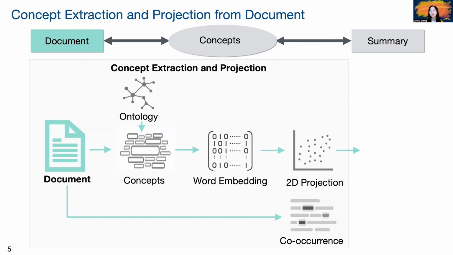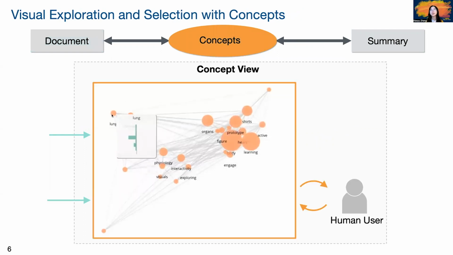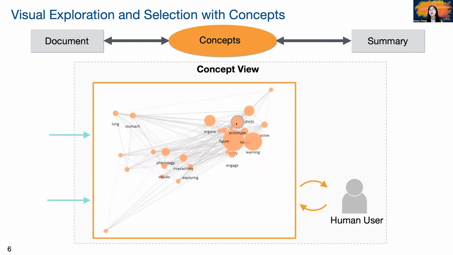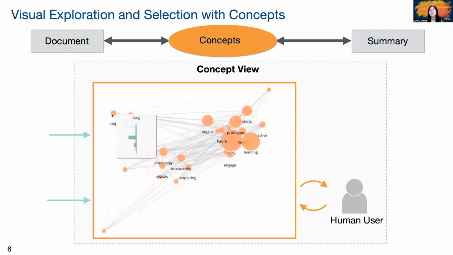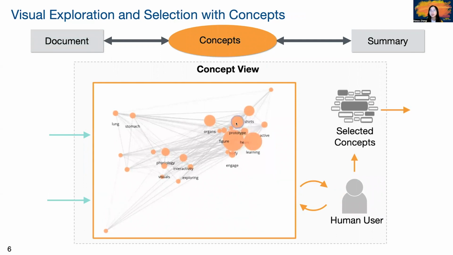Along with the context information of these concepts in the original document, we input them to our visualization interface to produce an interactive visualization where the users can interact with each concept, represented as a circle. The users can also select the concepts they are interested in and want to include in the summary and input them into the next stage of our workflow.